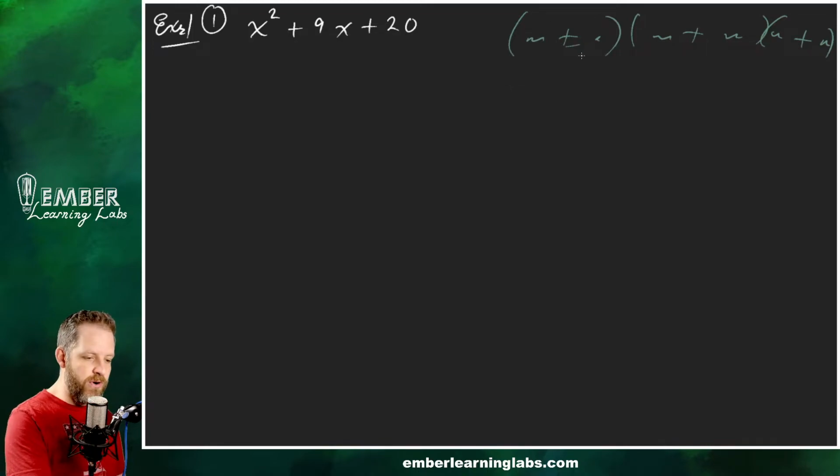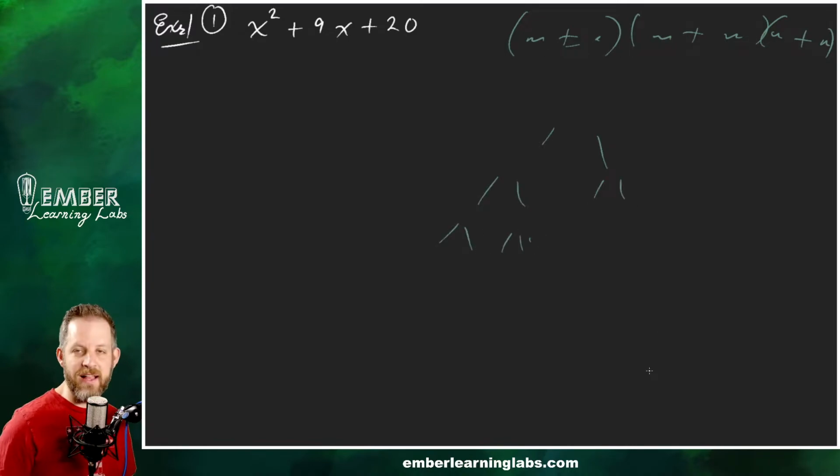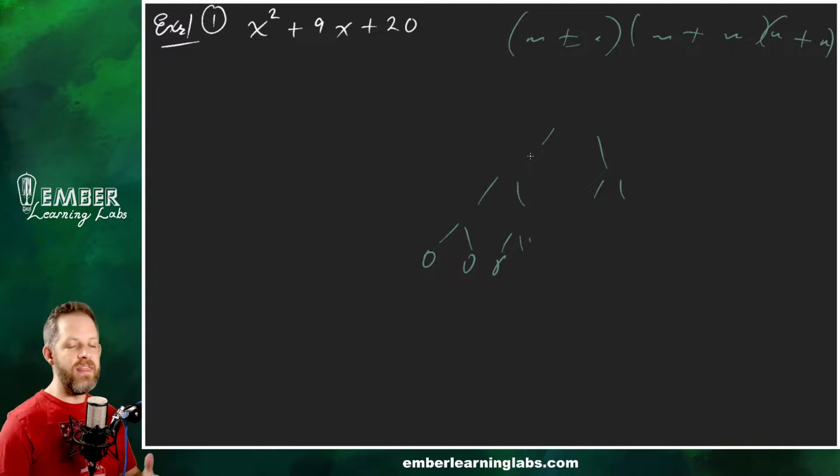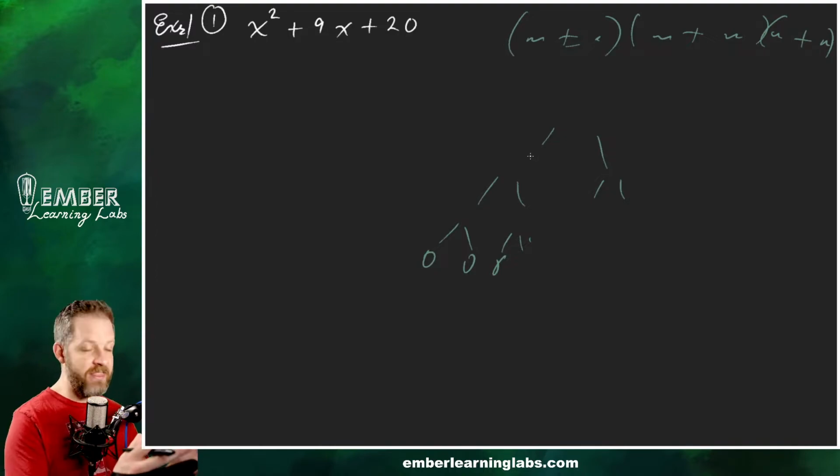It could be just single numbers. Because if you do prime factorization, where you take a number and split it and split it, you've got all the numbers multiplied to get the big number. So we're trying to split this into something that multiplies to get the top thing.